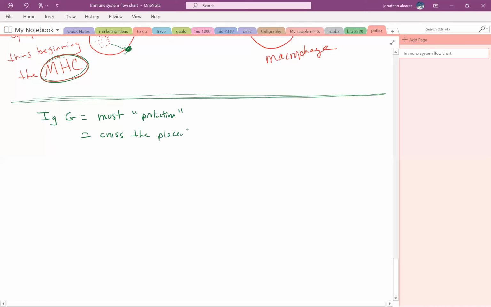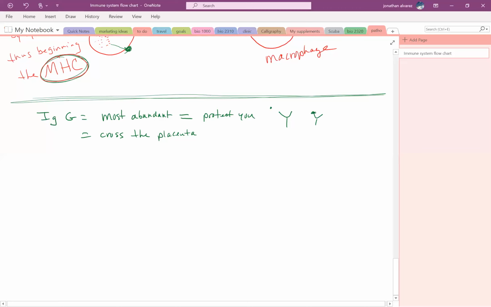So they're the most abundant, and their job is to protect you through this process here, the whole antigen antibody binding.